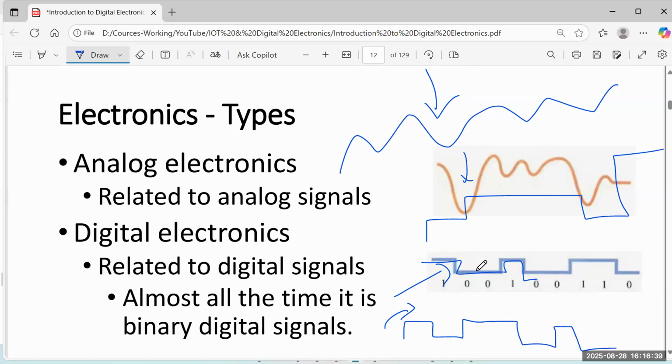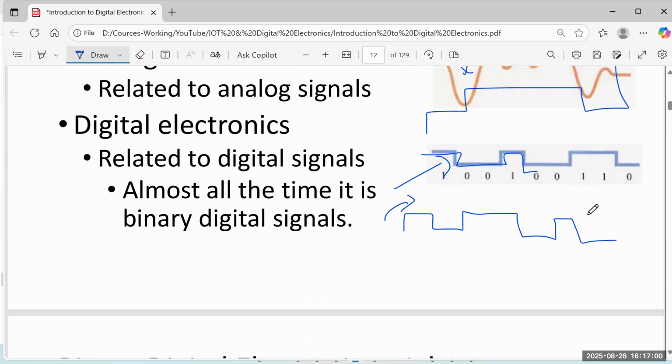So modern digital electronics is binary digital electronics, mainly because maintaining two states is simpler and these signals are mainly processed by Boolean logic. Boolean logic is two state. Because Boolean logic is two state, the signal is also two state. So it's very highly compatible, easy to process. Since I'm going fast, if you have any questions, you need to ask.